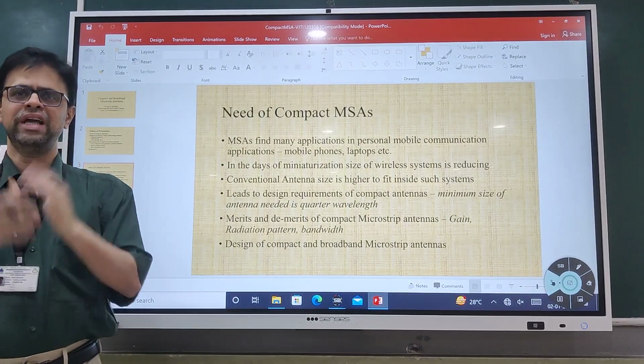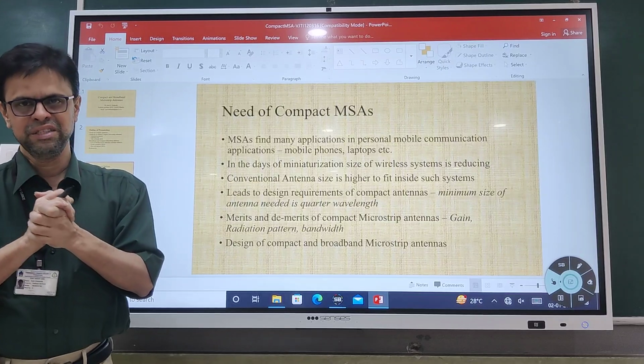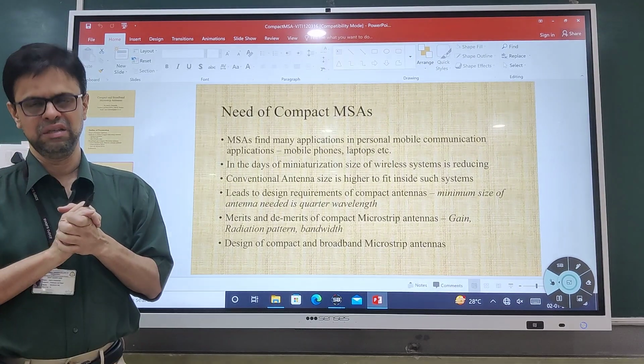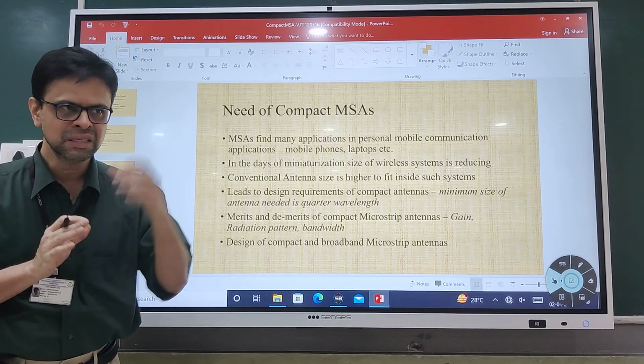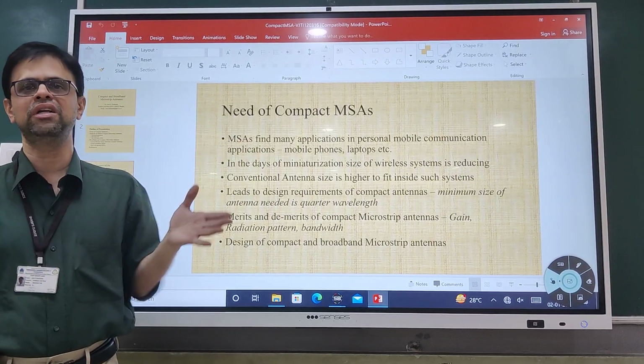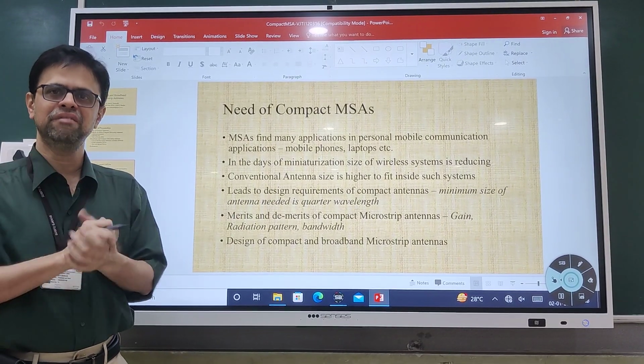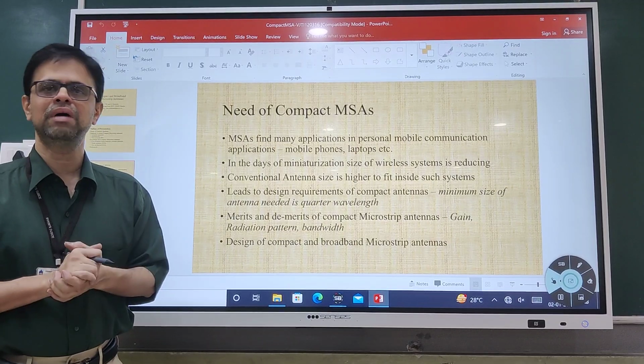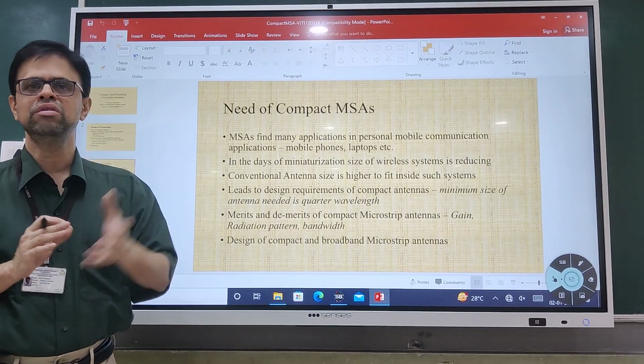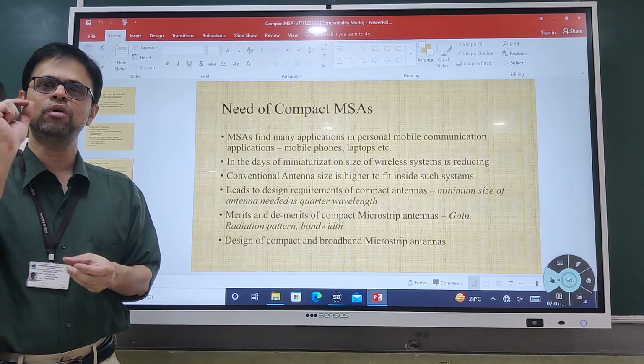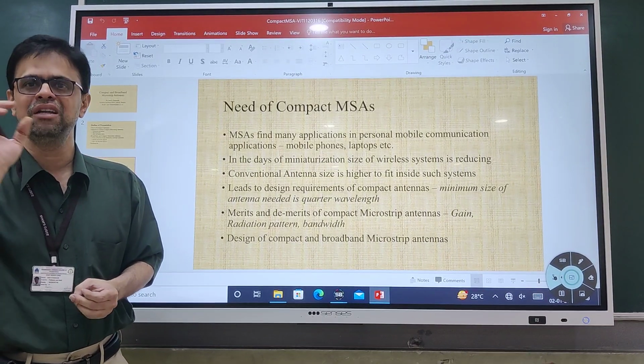As I told you, take an example of your GSM band. GSM band is somewhere around 900 megahertz. So at 900 megahertz, the minimum dimension of the conventional antenna will be half the wavelength, and that will approximately come out to be around 10 to 15 centimeter, depending upon which kind of substrate material you are using.